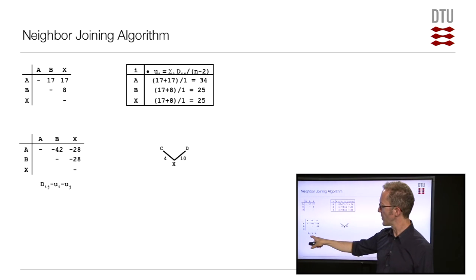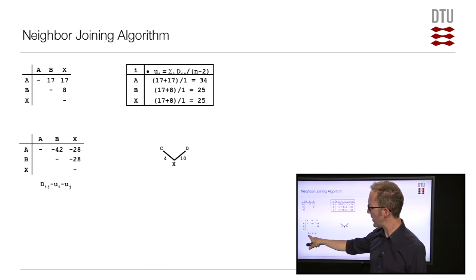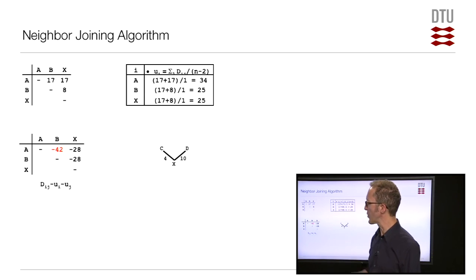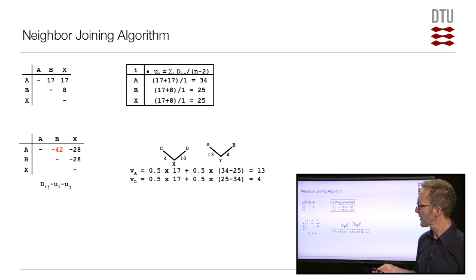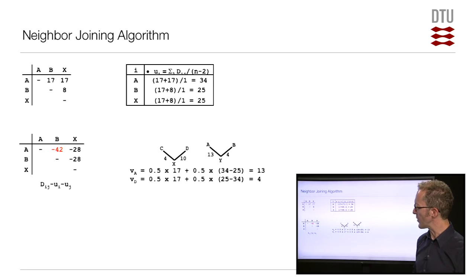We now compute this other value for each pair of sequences, the pairwise distance minus U for one node minus U for the other node. In this case, the smallest value in this table is between A and B. We therefore combine A and B in the tree. We connect them both to an ancestral node.